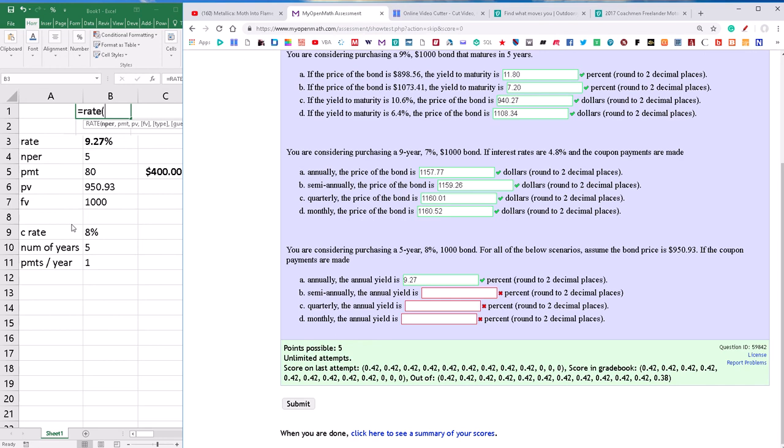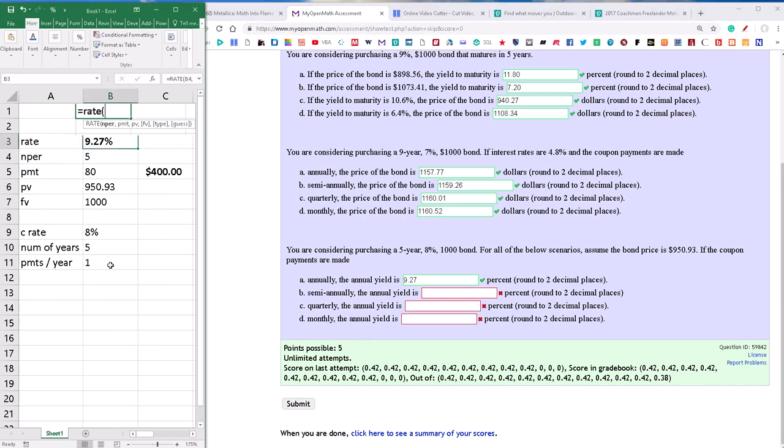Okay. Next, we're going to increase the number of payments. Oh, sorry. Remember what we did on the previous scenario? We divided the rate. Well, this rate is the annual payment, right?